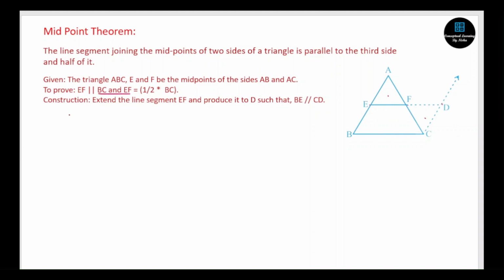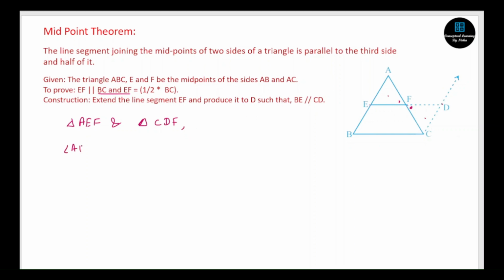So, I am taking triangle AEF and triangle CDF. Now, in these two triangles, what can I say about this angle and this angle? Yes, very good. They are vertically opposite angles.